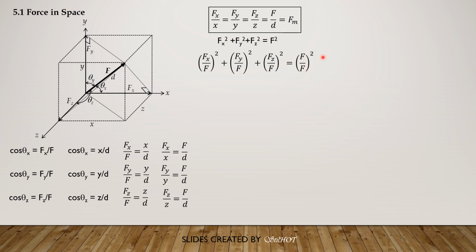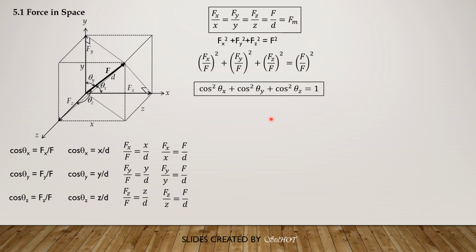This ratio is 1 on the right side, and Fx over F is cosine theta x, Fy over F is cosine theta y, Fz over F is cosine theta z. So the sum of the squares of the direction cosines is equal to 1. Always remember this: cosine squared theta x plus cosine squared theta y plus cosine squared theta z equals 1.